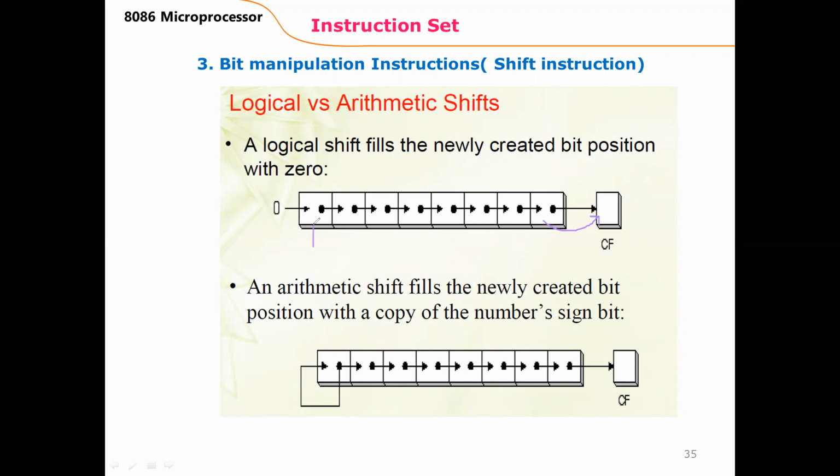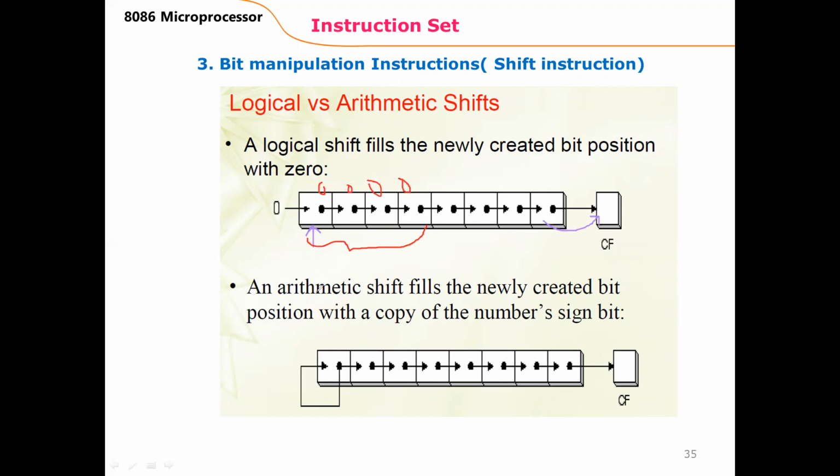Then this particular bit will become empty. Now this will become blank, then this will be replaced by 0. For example, if we shift 4 times to the right, then the initial 4 bits will become blank. These blank bits are filled by 0, 0, 0 only in the case of logical shift.